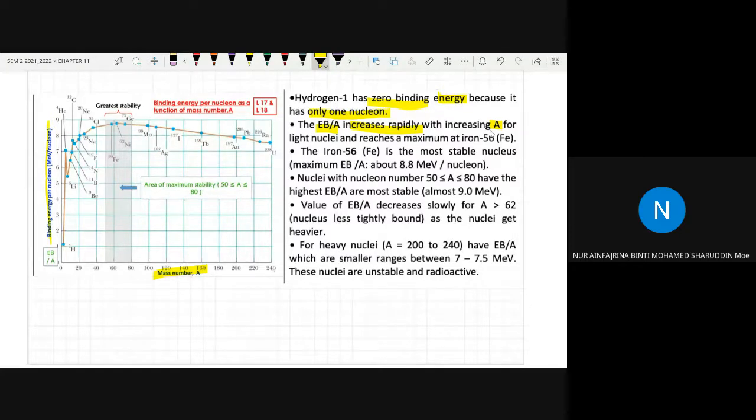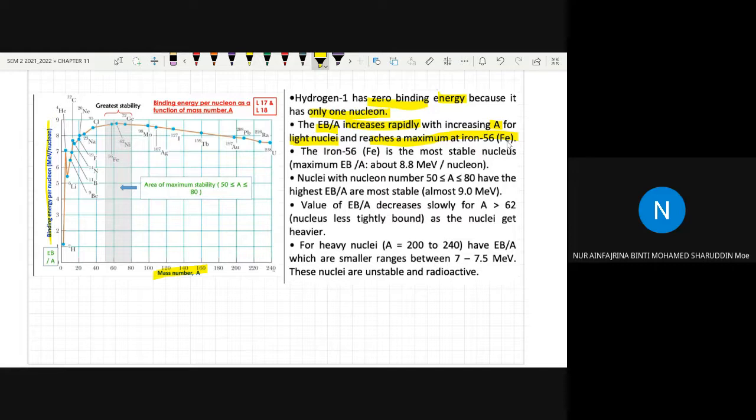Only for light nuclei. Okay, for light nuclei only. And it will reach a maximum at iron 56. Okay, I'm so sorry, cannot use purple. Okay, we stick to yellow. It increases rapidly for light nuclei until it reaches the maximum at iron. Iron is 56.